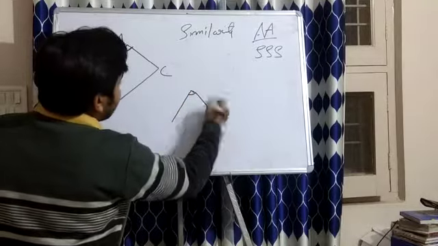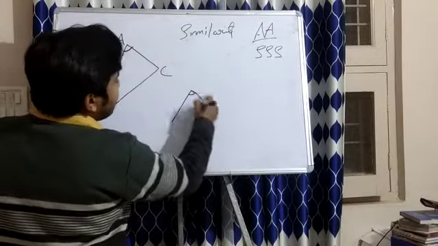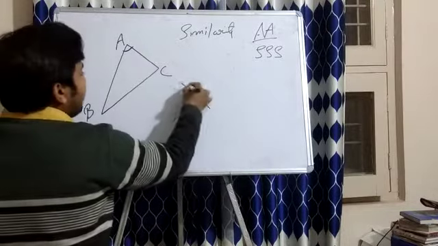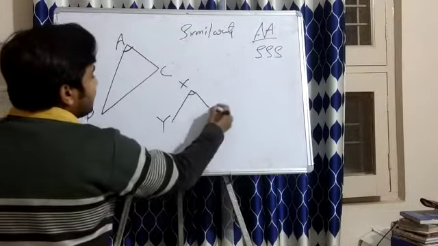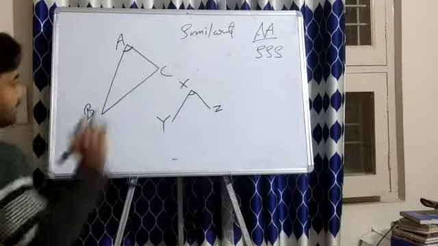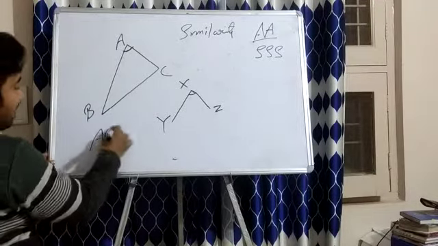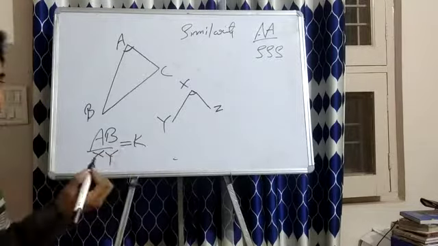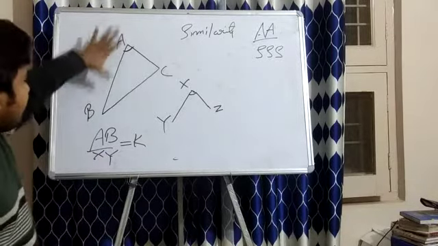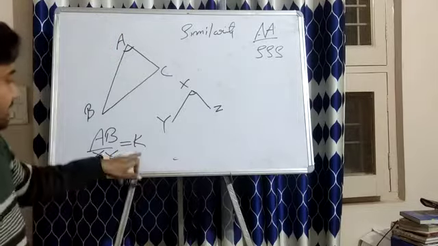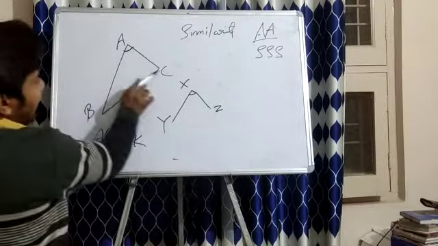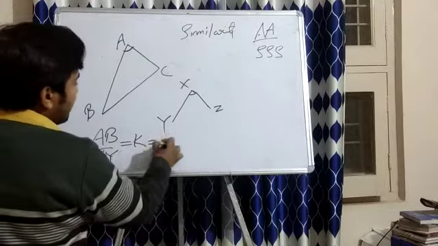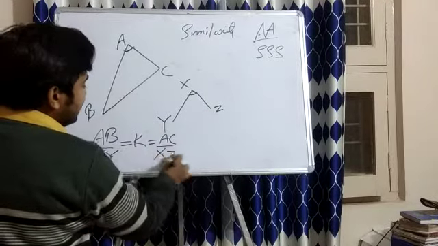Again, the length of this side is again some multiple of AC. Okay, now let us label it as X, Y, and this point as Z. So what is given to us is that the ratio AB upon XY is, let us say, K. This AB has been scaled down by the factor K, and similarly AC has been scaled down by the same factor K. So this is also equal to AC upon XZ.